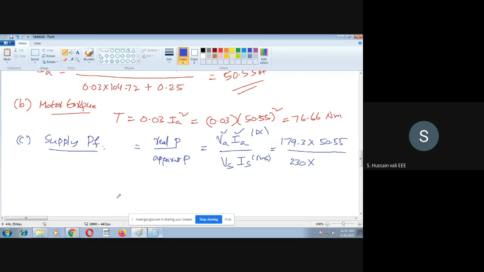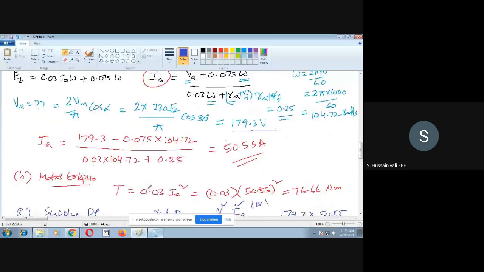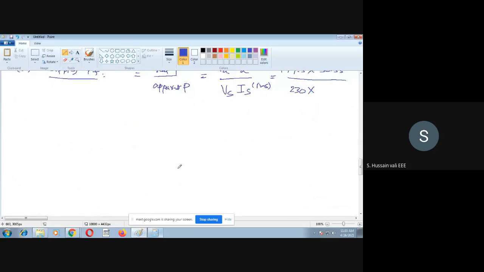To understand this RMS value of the supply current, recall that in a similar kind of problem we solved, we got the IS function like this for continuous and ripple-free current.